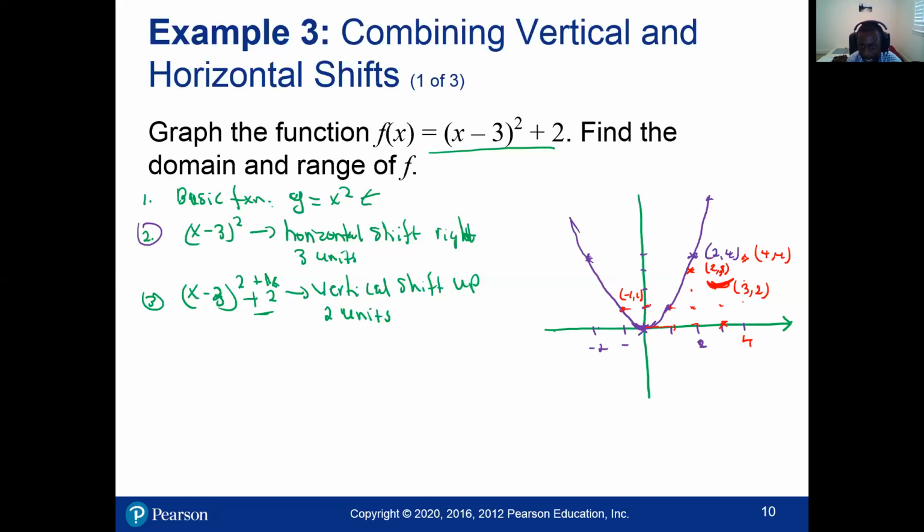And then last but not least, this point, which is -2, 4, goes to the right 3, 1, 2, 3, and goes up 2, 1, 2. That is 6. So this is going to be 1, 6. All right.